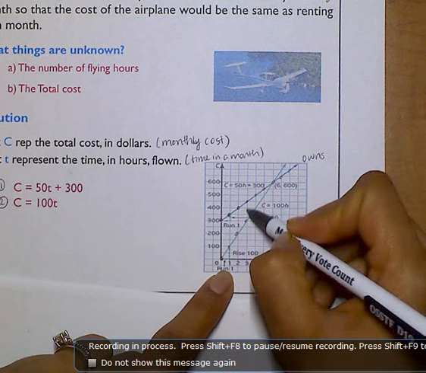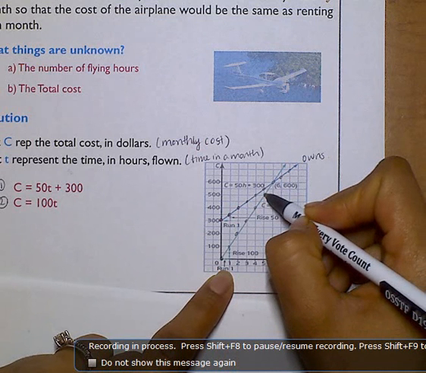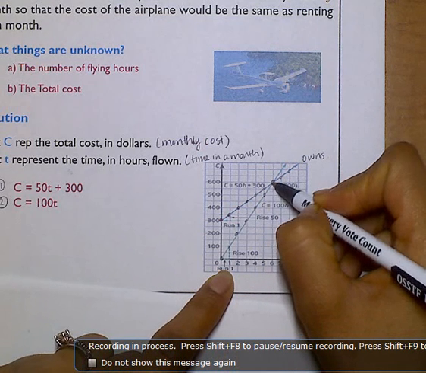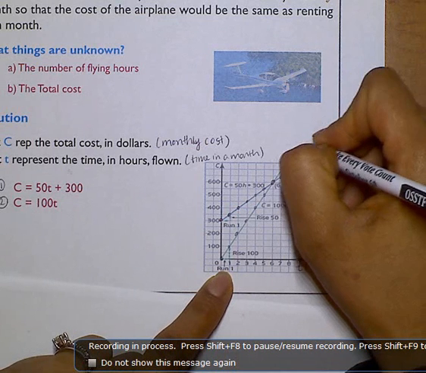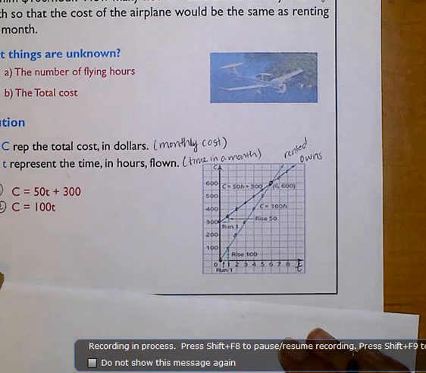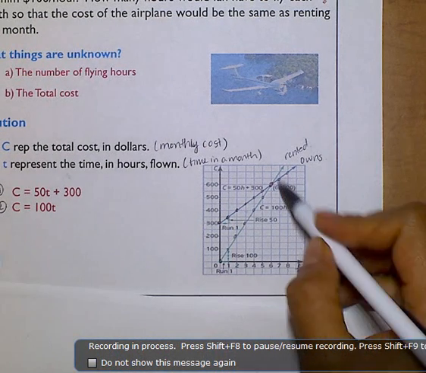Okay, so if you notice, the point of intersection is 6 and 600, so what that means is if Ian was to fly his airplane for 6 hours, the cost would be $600 for both renting as well as owning the airplane. So for how many hours would Ian have to fly?